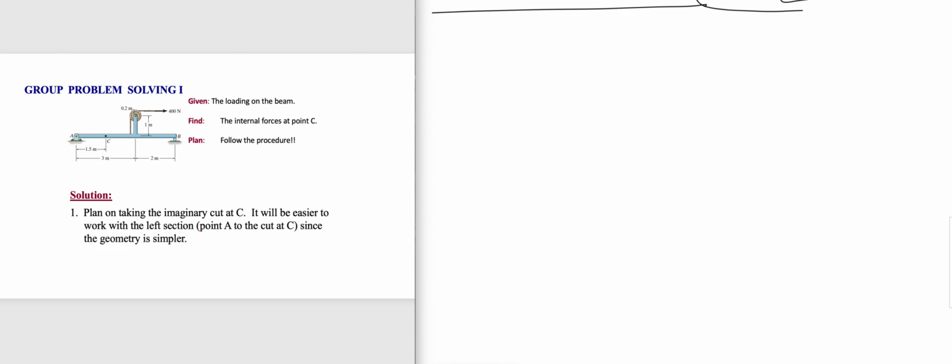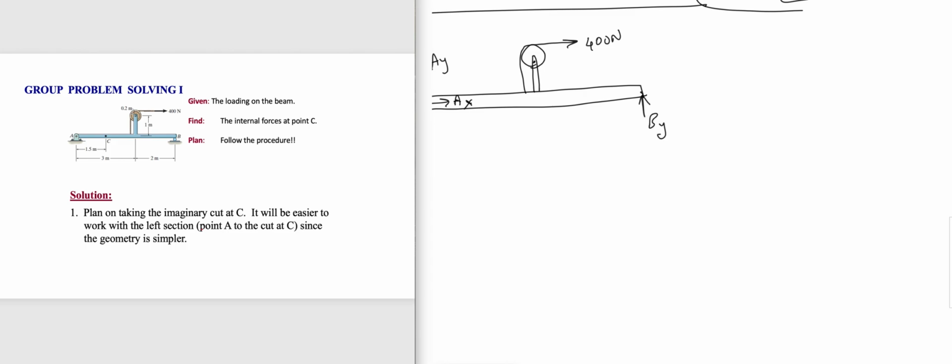For the given system, you have AX, you have AY, and here you have this rope, and that is being given tension 400 Newton. And this is B, it's a roller, it's BY, this is X, that is Y.